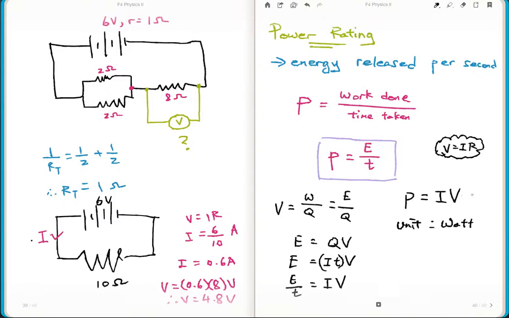You may substitute V, so therefore your power P equals I squared R. When you have a cable with current flowing through it, the heat loss inside the cable is because of this I squared R. In some questions where you don't know what is current, you substitute I, and therefore you get P equals V squared over R. This is the time when you don't know what is I.